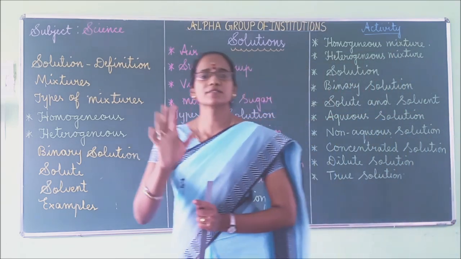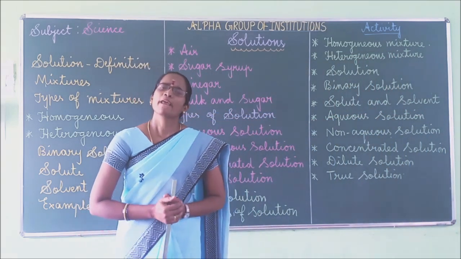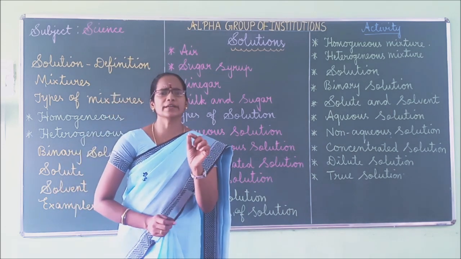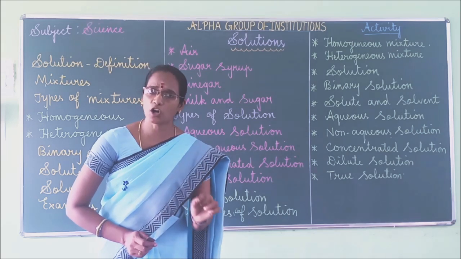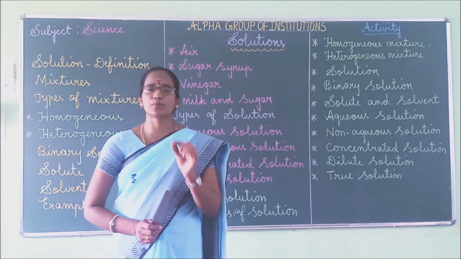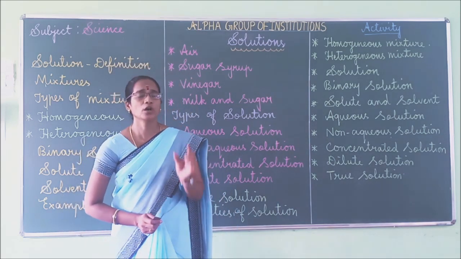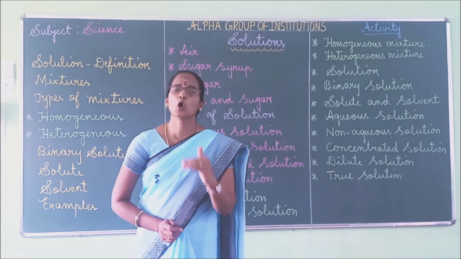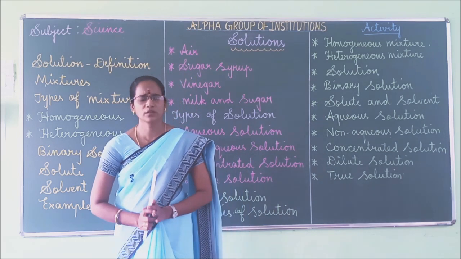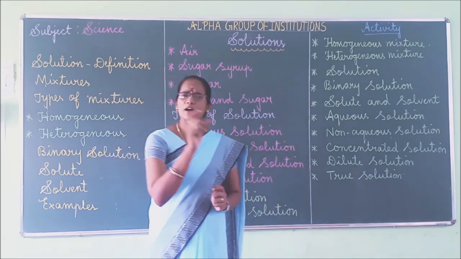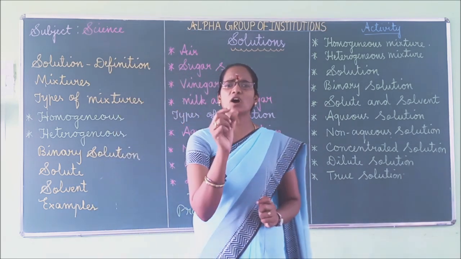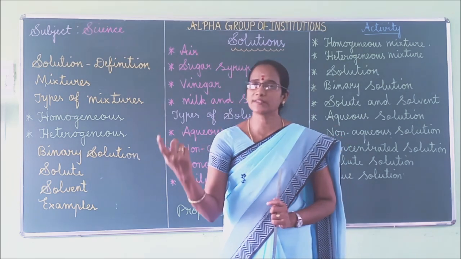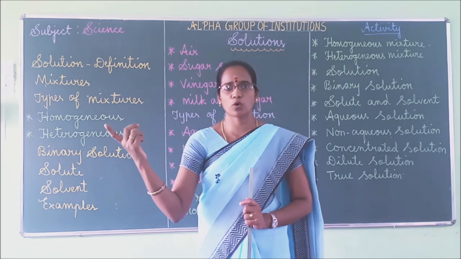This is called the solution. And also in sugar solution, sugar is present in smaller amount, whereas water is present in larger amount to form a homogeneous mixture. Right? So, in salt solution, salt is present in smaller amount, whereas water is present in larger amount.